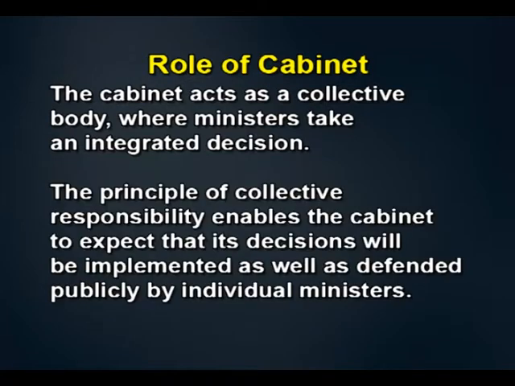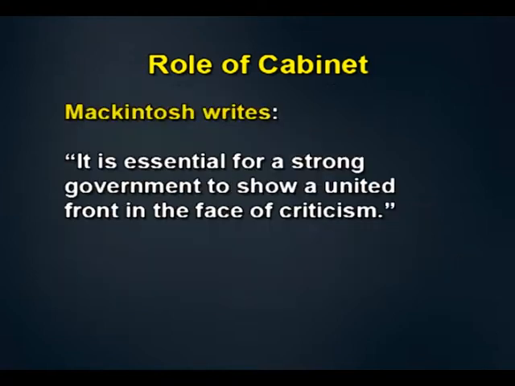The principle of collective responsibility enables the Cabinet to expect that its decisions will be implemented as well as defended publicly by individual ministers. In this context, Mackintosh writes, it is essential for a strong government to show a united front in the face of criticism. This ensures a unity of purpose.